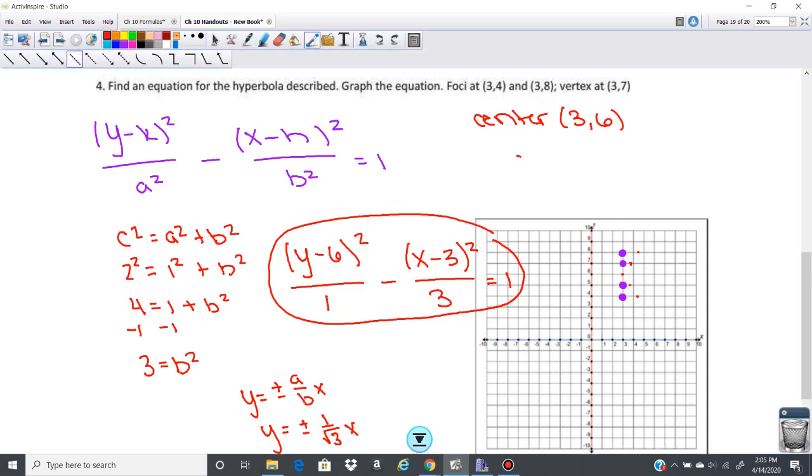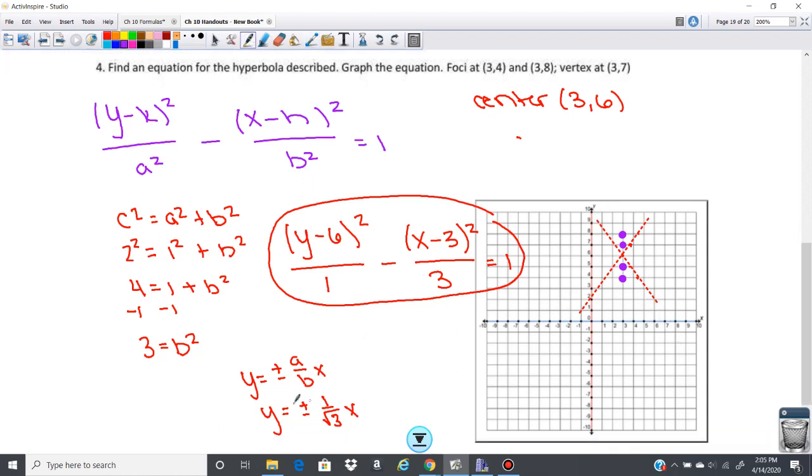So something like that when I'm making these asymptotes. Roughly like that, and then roughly, oh, that's not good, hold on. There we go, like that. Okay, and then you can go ahead and draw this. When we're doing the asymptotes, the actual equation when you have a center that's not at (0, 0) is y minus k equals plus or minus a over b times (x minus h).